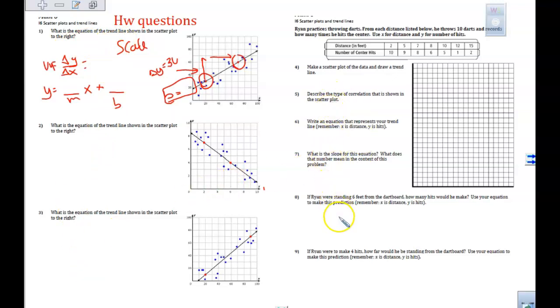Here they get into, is it a correlation? And then as you are solving, once you get the equation in number 6 and you come up with your y equals, that's what you're going to use down here. You'll have your x plus your number. Then down here, you're going to use that same equation, but now you know that x is equal to 6.